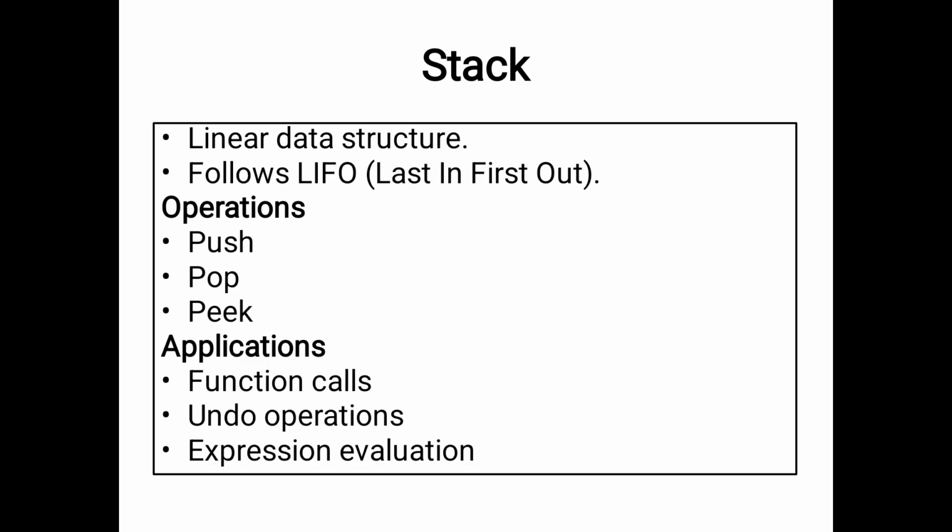The next concept is the stack. A stack is a linear data structure, and it follows the last in, first out concept, because the elements we put in a stack are picked out last. The operations performed in the stack are push, pop, and peek. Push means inserting an element into the stack.